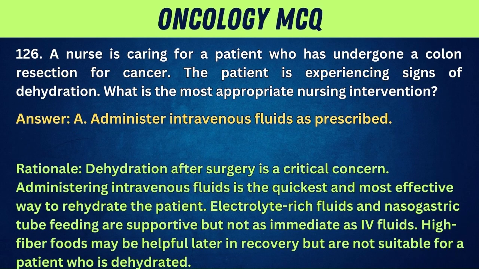Answer: A. Administer intravenous fluids as prescribed. Rationale: Dehydration after surgery is a critical concern. Administering intravenous fluids is the quickest and most effective way to rehydrate the patient. Electrolyte-rich fluids and nasogastric tube feeding are supportive, but not as immediate as IV fluids.